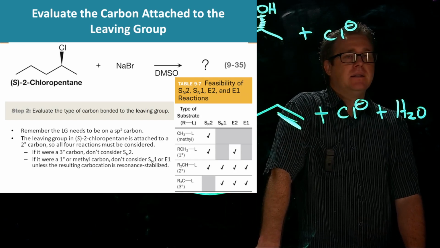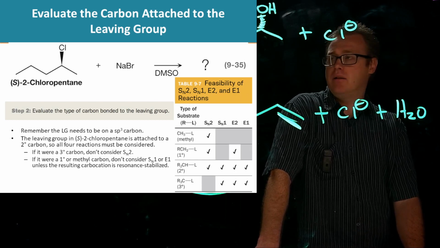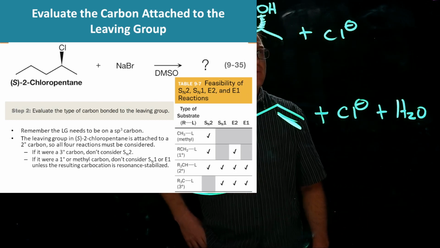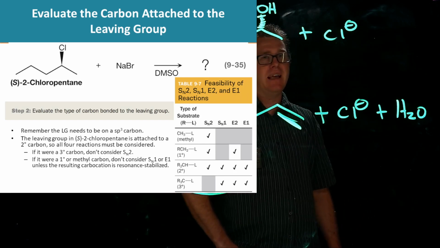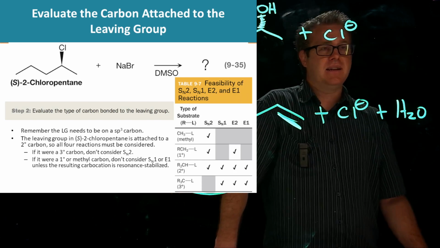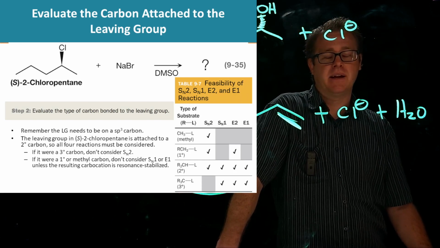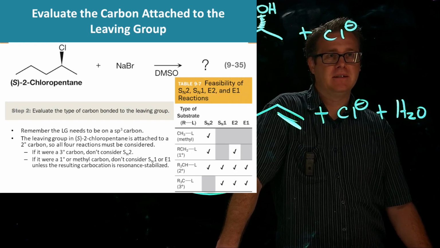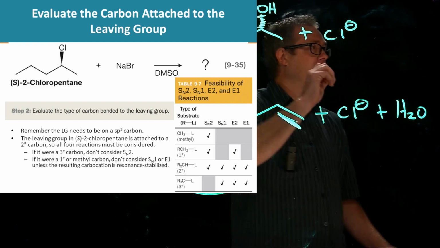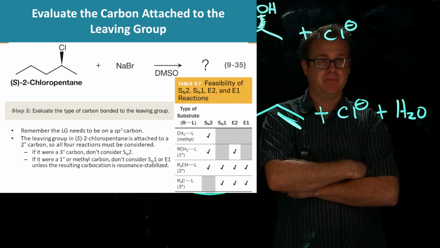So when I look at the alkyl halide, right there, it is what? A secondary alkyl halide. When you have a secondary alkyl halide, all four reaction mechanisms are on the table. A secondary alkyl halide can undergo SN1, SN2, E1, and E2.